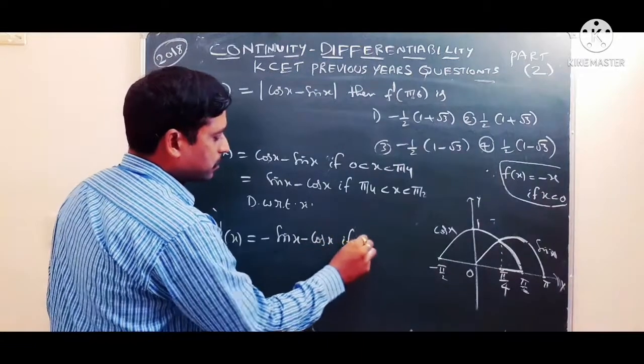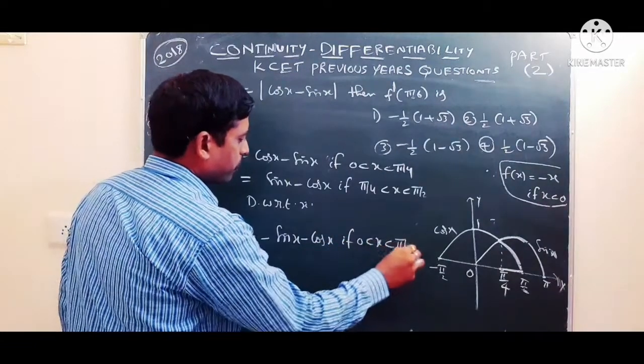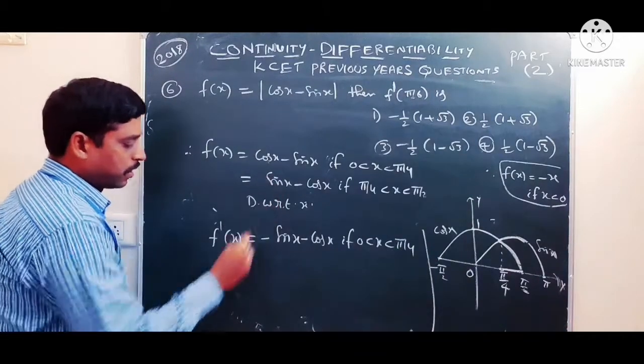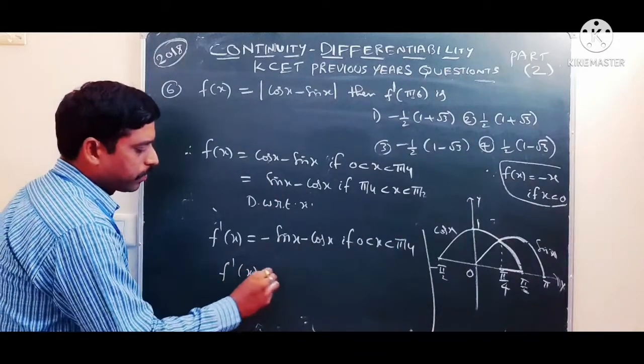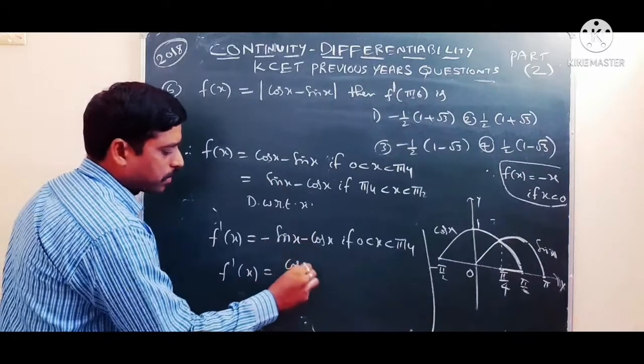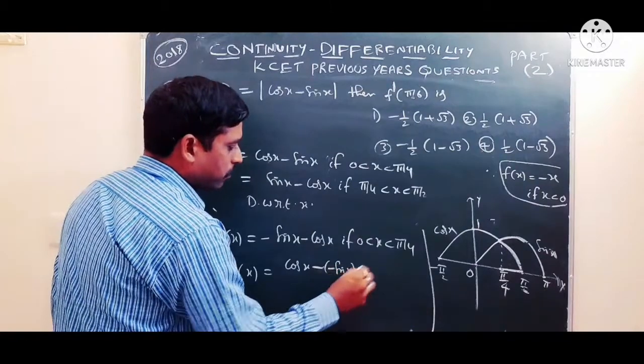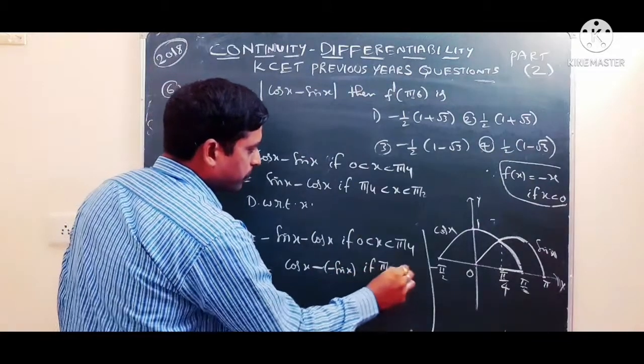What is the condition? 0 to pi by 4. And second condition, f dash x is equal to the derivative of sin x minus cos x, where limits are pi by 4 to pi by 2.